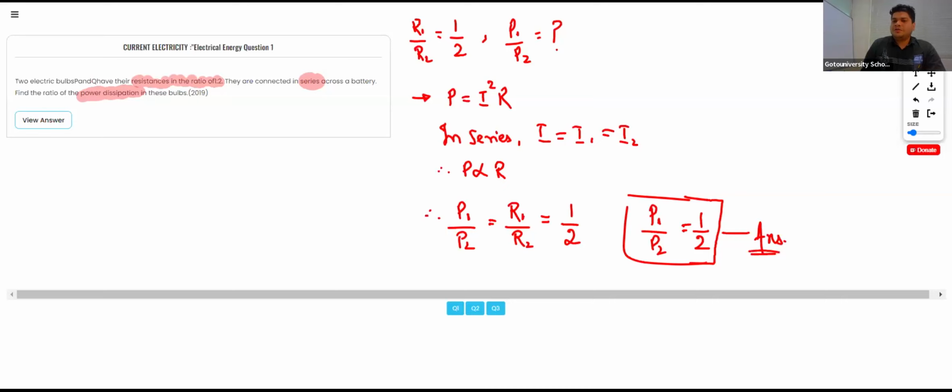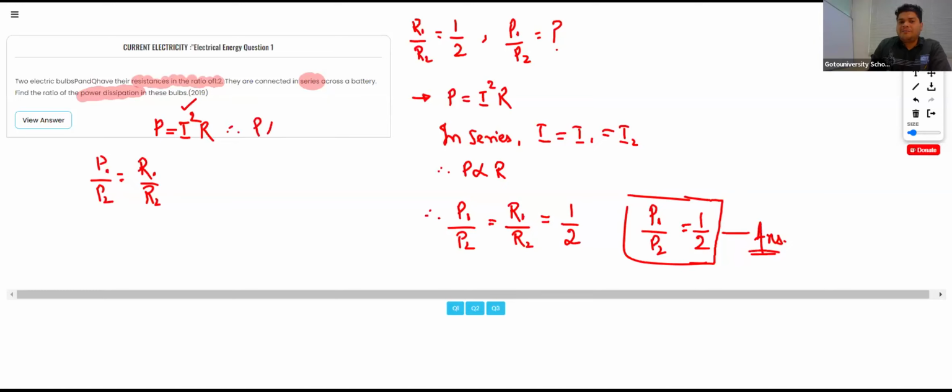Okay, once more, we'll see the concept. We have the ratio of resistance. We are supposed to find the ratio of power. So your power ratio P1 over P2 will be equal to R1 over R2. How we get that? We get that by this equation. We have P is equal to I square R. I will be constant because it is in series.